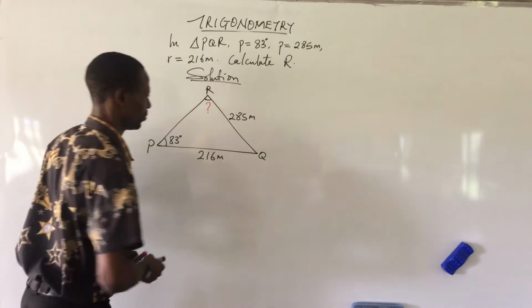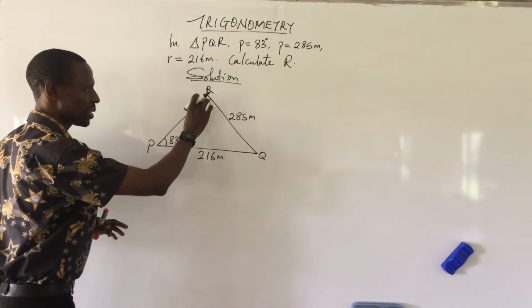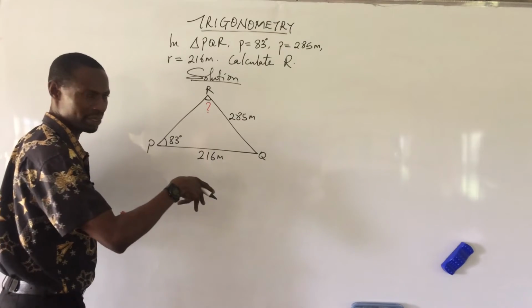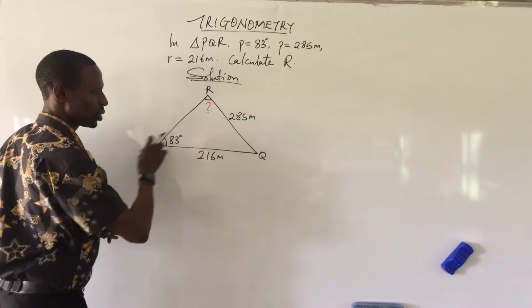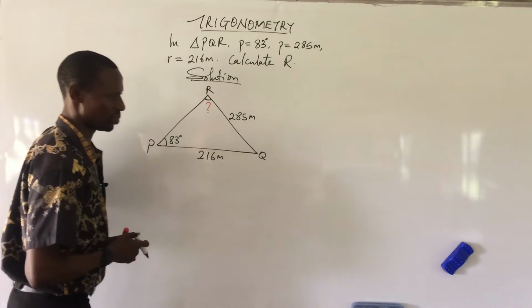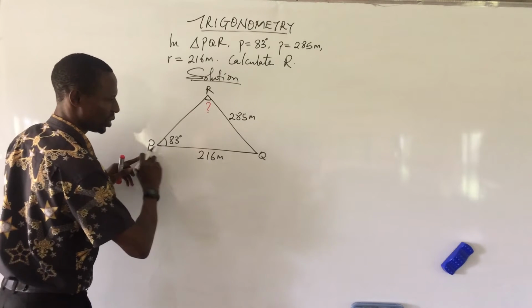All right. So we now bring out the sine formula or the sine rule using the lettering here. Because angle R is what we're looking for, this parameter R must be in the sine formula. The two sides that are given, this side and this angle, must also be there. So we take this side first. This side is PQ.